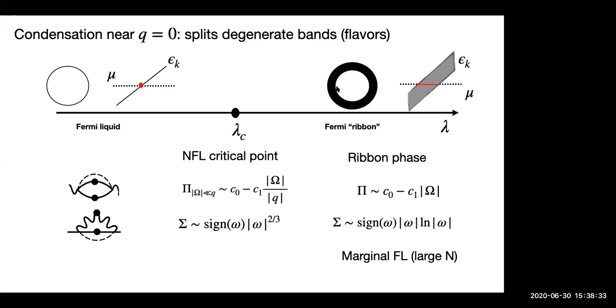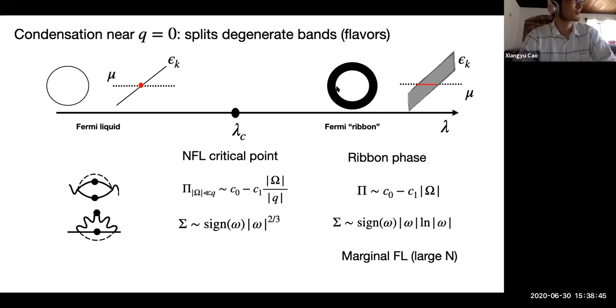Also, maybe another question. For the original Sachdev-Ye spin model, should I view it as a model with low rank? Yeah, it's a very great question. I think so. I believe that its critical point would be better described by a low-rank type model. However, there's a long way between the original model and the fermionic version.